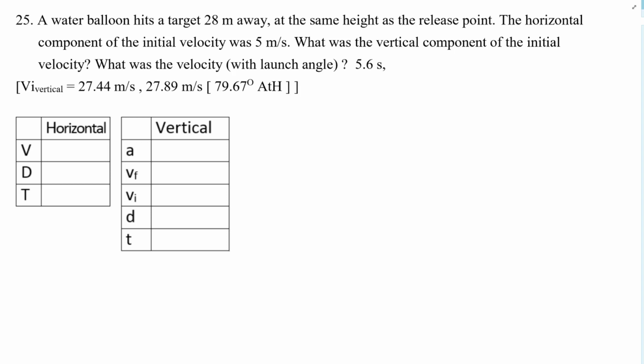Okay, so it's being thrown, and it lands at the same height. It's one of those types of projectiles. The horizontal component of the initial velocity was 5 meters per second. What was the vertical component of the initial velocity? And what was the velocity that it was launched at?